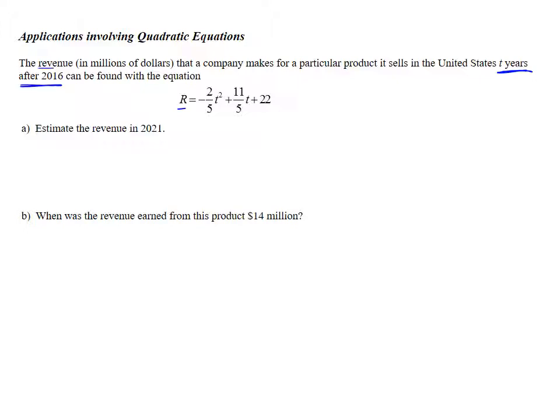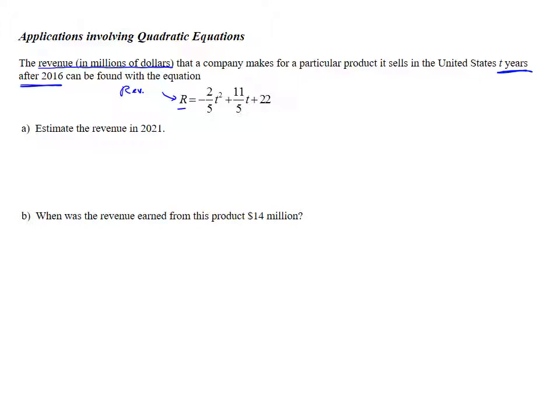And it says the revenue, and if you think about R for revenue, can be found with this equation. So you're actually calculating revenue here in millions of dollars. So one of the things to just be aware of is before you work with an equation that involves a real-world scenario, make sure you understand the variables. It'll make the rest of the problem much easier.